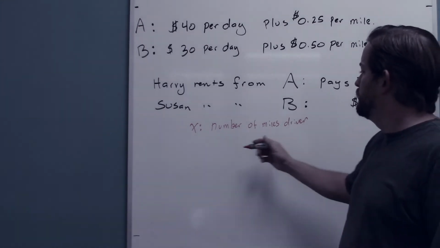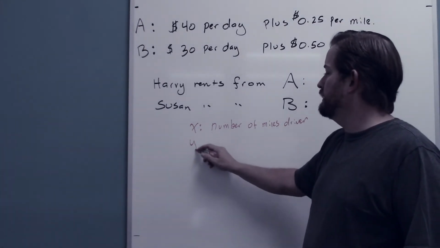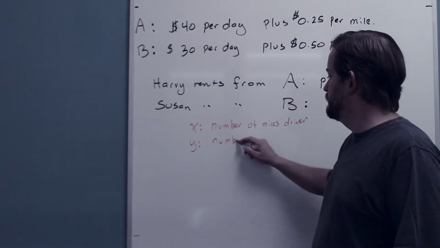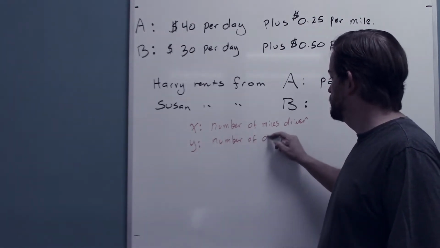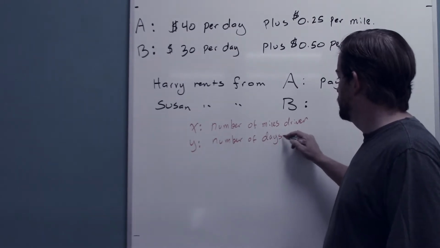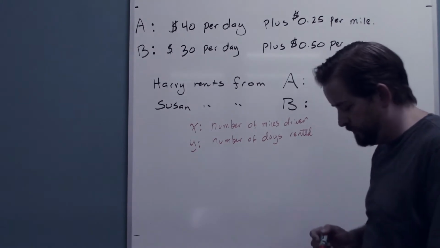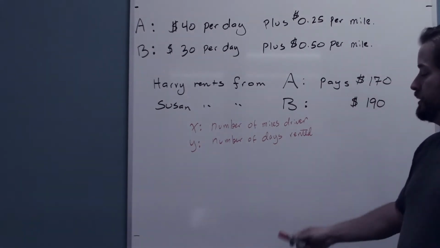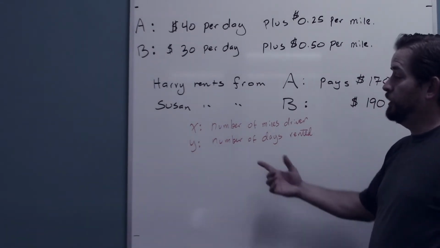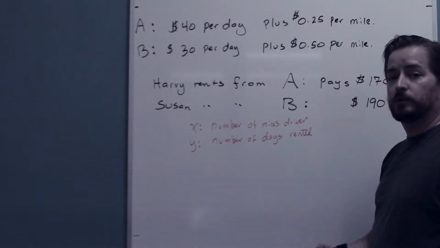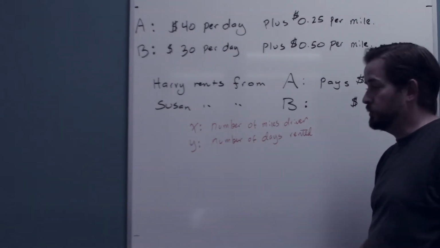But then we also have Y, the number of days rented. They're asking us to figure out what X and Y are, and I can create those two equations.